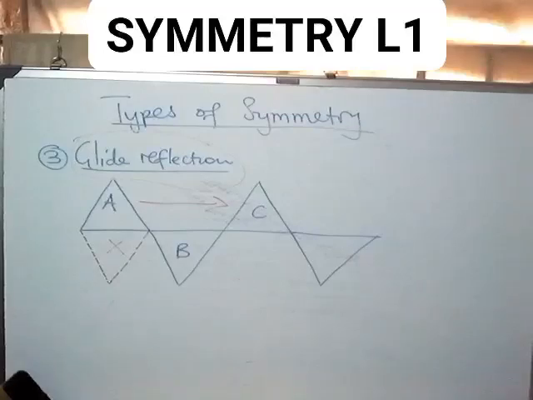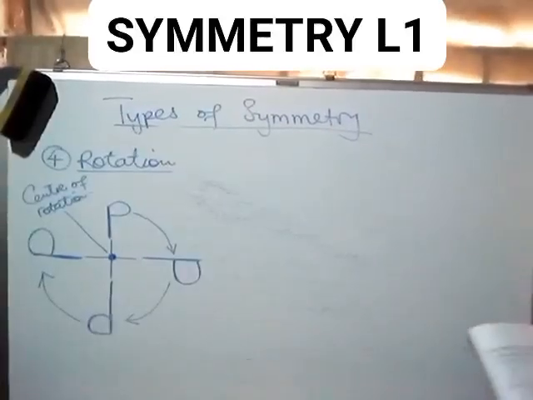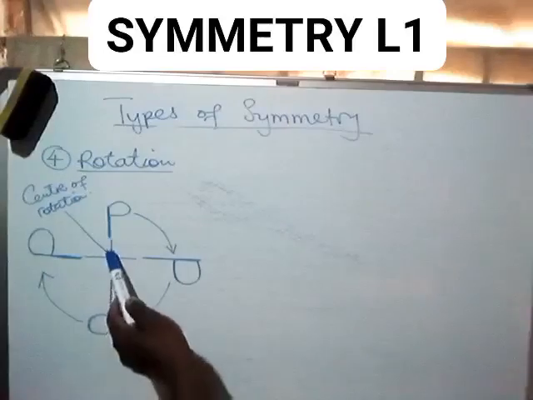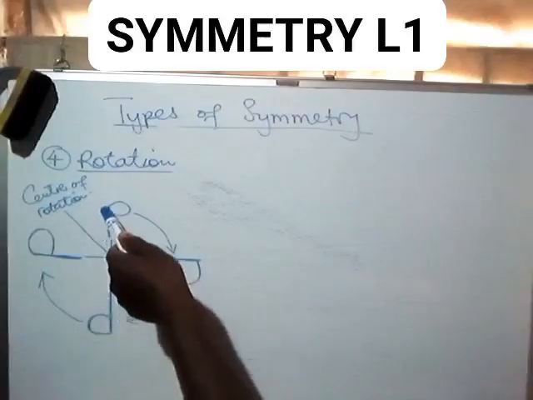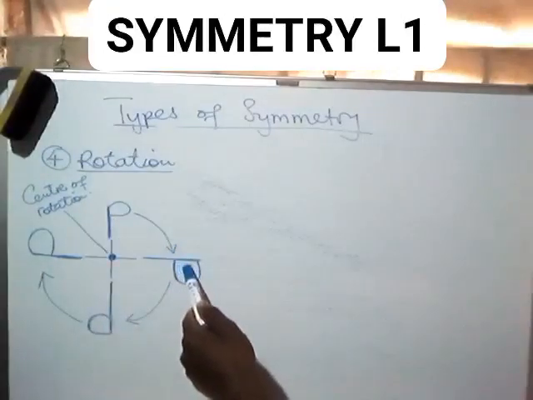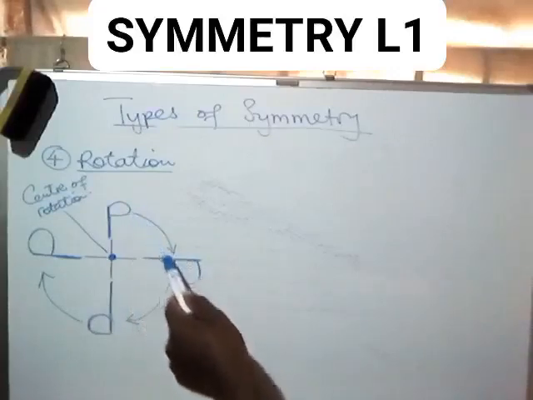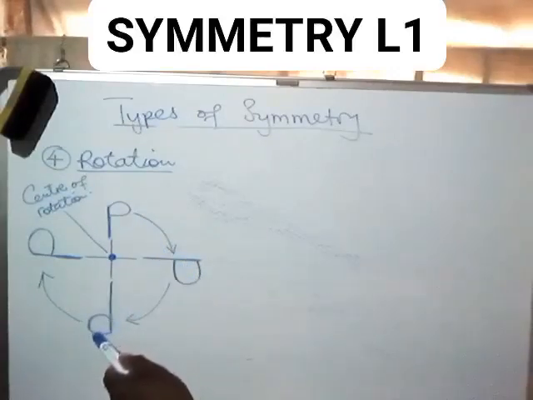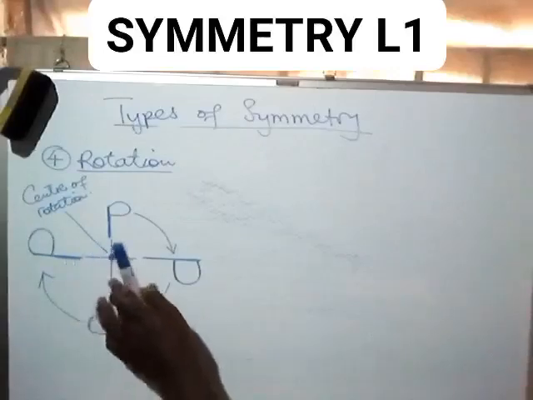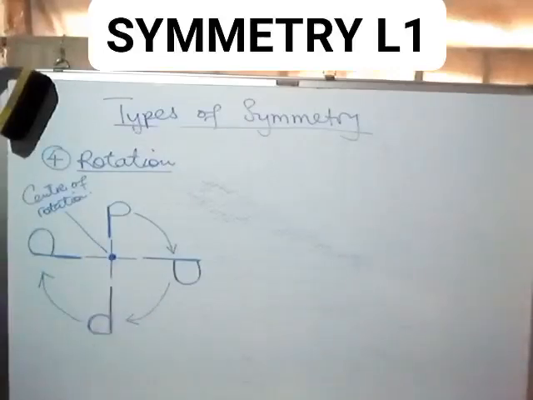Now let's go to the fourth one, which is known as rotation. To rotate a shape or an object, we turn it through an angle about a fixed point. We have a fixed point, which is this point here. We have turned this P the first way, it has come there, and we have turned it again, it has moved that side, and we have turned it further, it has gone that side.